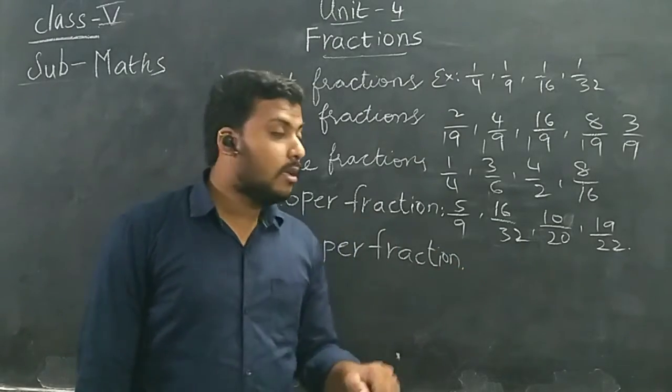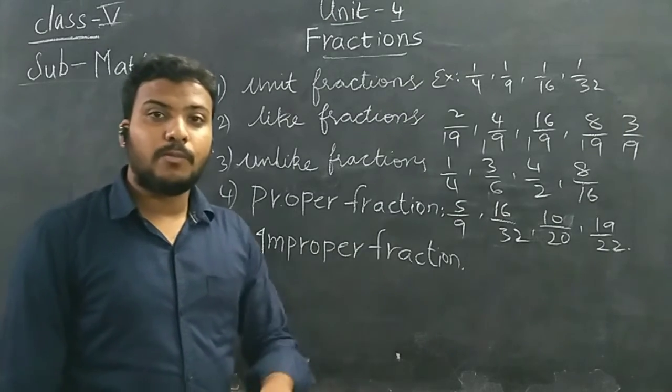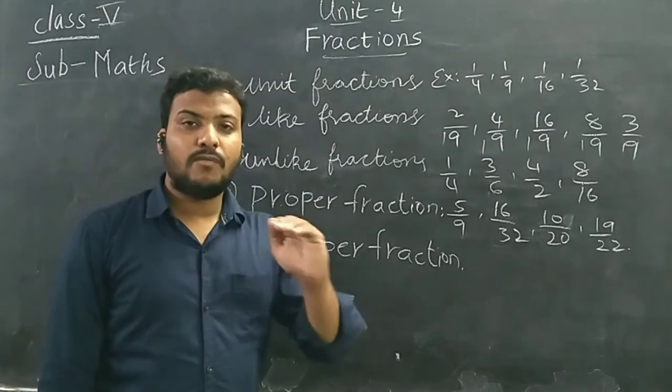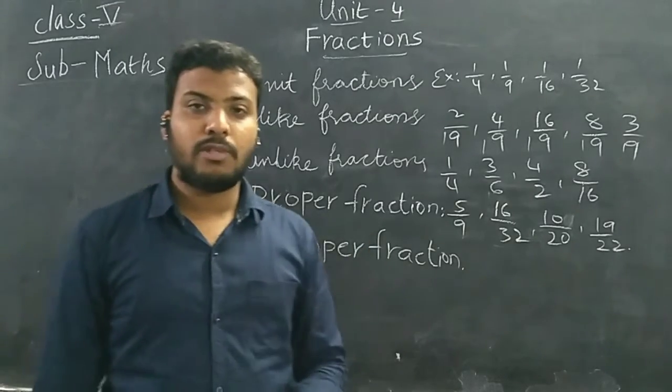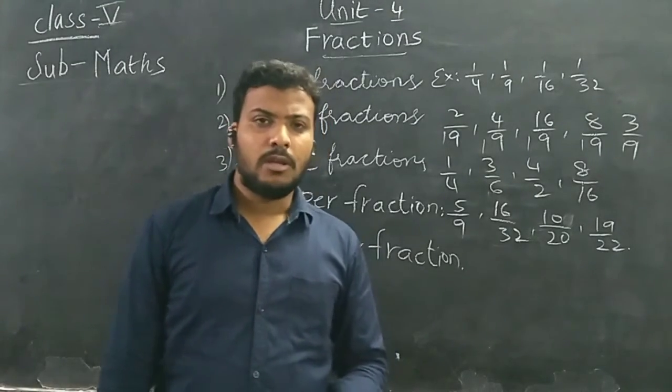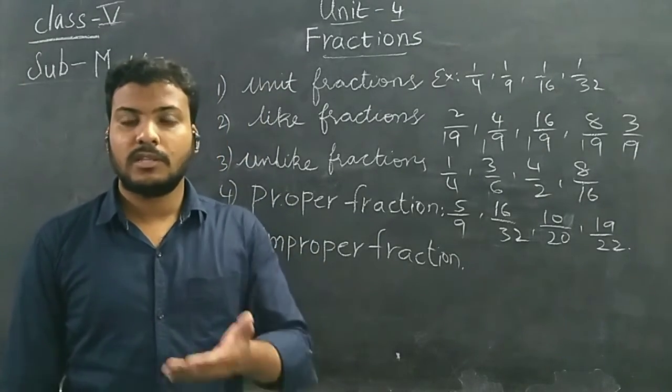But here, in the improper fraction, the numerator value is very big. We can say the value in the numerator is greater when compared to the denominator. We can say obviously that the denominator value is a lesser value.